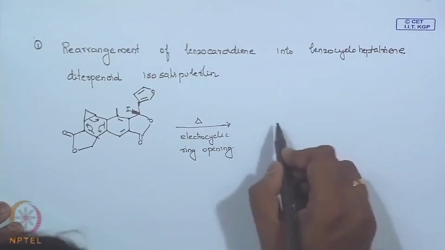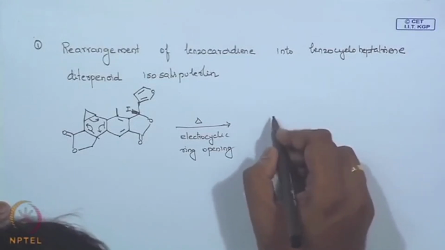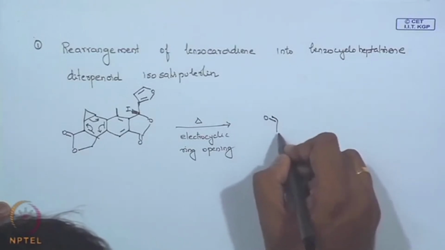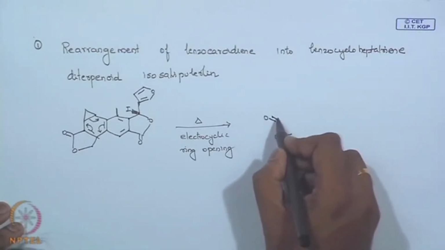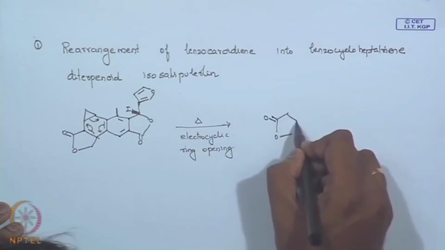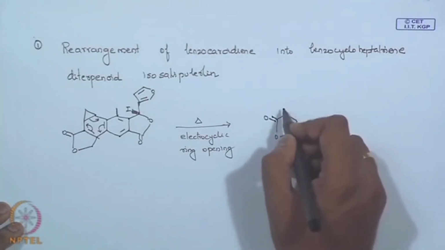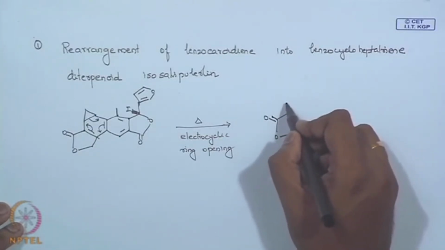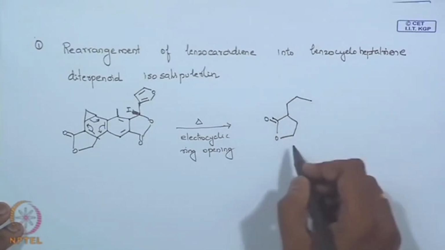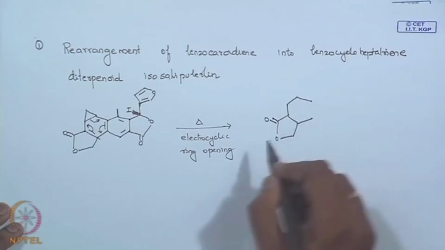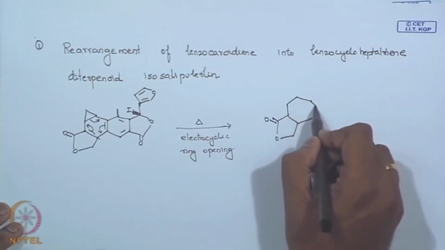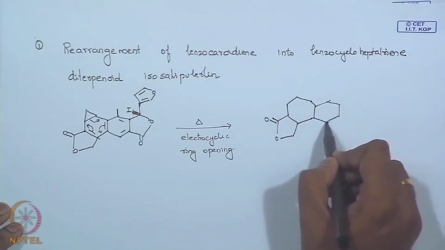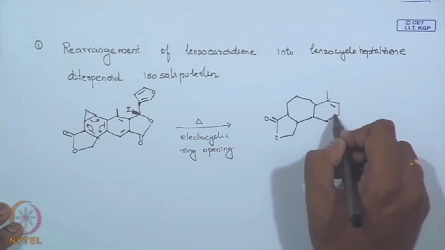So we will draw the structure then. Once the ring is open, it should be a 7-member ring. Then the others are the same. So I have a methyl here, I have a double bond.